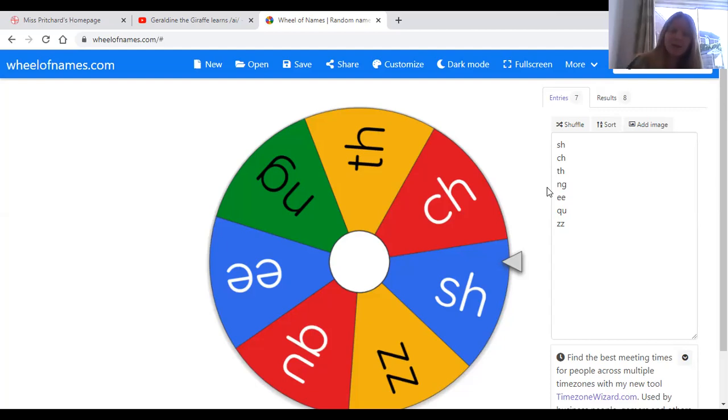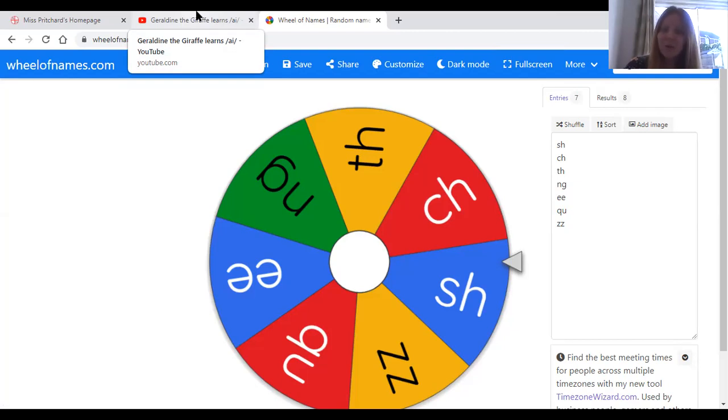Fantastic. Okay, we're going to look at a new digraph today. Who can tell their grown up what a digraph is? Can you tell them for me? Okay, wonderful. A digraph is two letters that makes a sound. And to help us with our new sound today, we have got a video from Geraldine, and I know we love Geraldine helping us with our sounds.